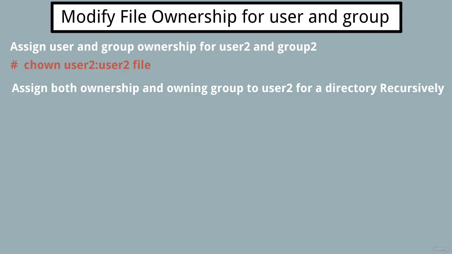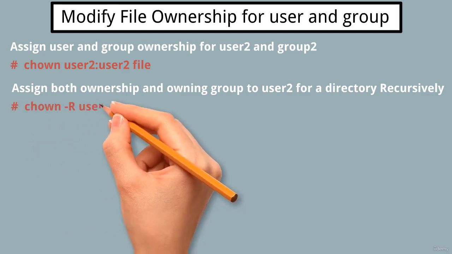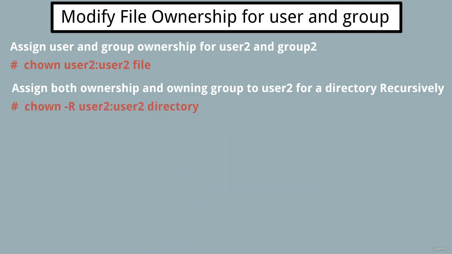If you don't do it recursively, it applies just to the outside shell or just the directory. But if you want to change rights for all the files under a particular directory as well, then you have to do it recursively. For recursively, -R, this R is uppercase, is the option we can use to get that done.